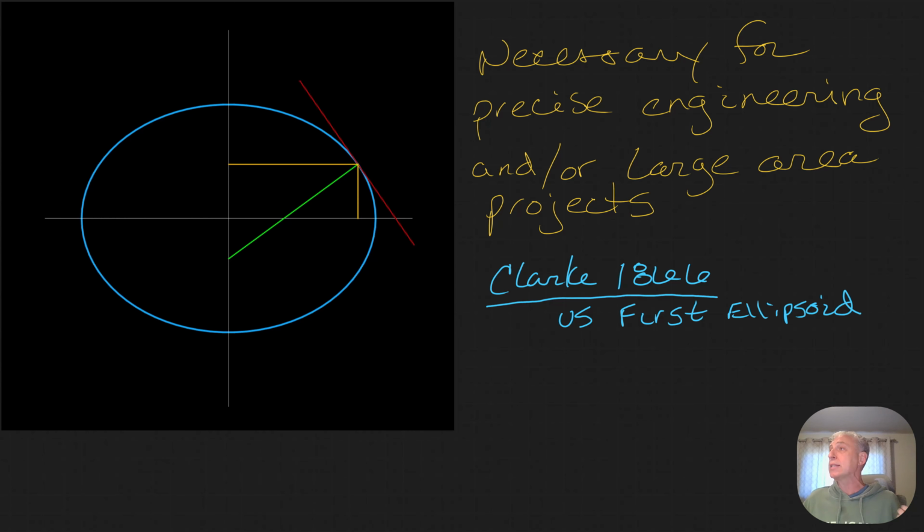Now, I say the ellipsoid a lot when I'm talking about ellipsoids, but there are literally hundreds and hundreds of ellipsoids that have already been developed, and in fact, there's an infinite number of possible ellipsoids we could develop. So Clark 1866 was the first in the U.S. Some other ones, there's a Russian ellipsoid called the, I have to be careful how I spell this, Krasovsky.